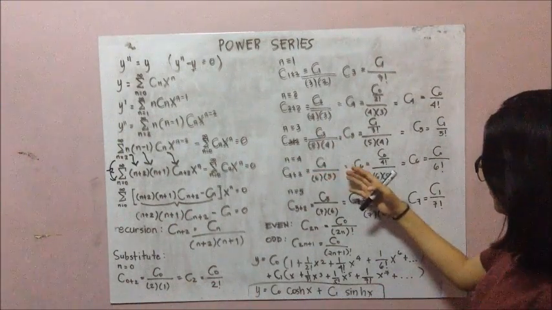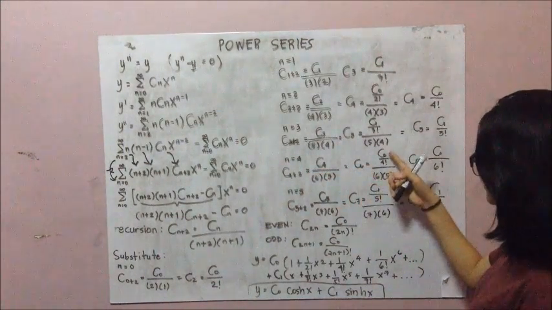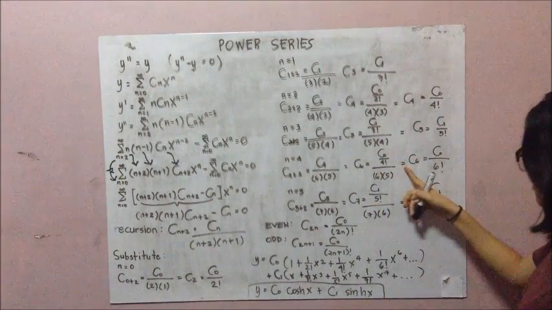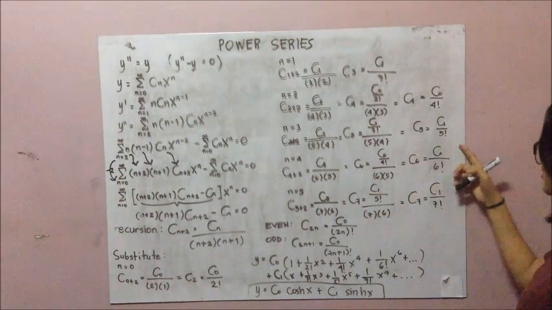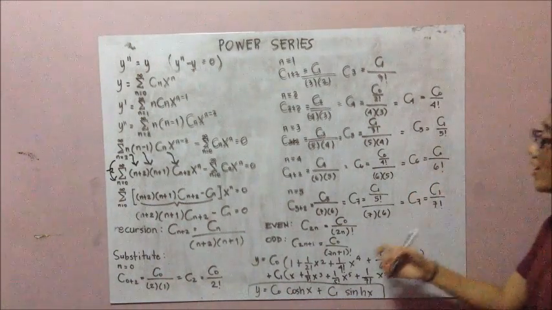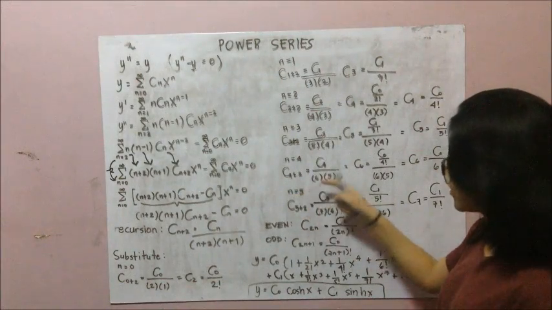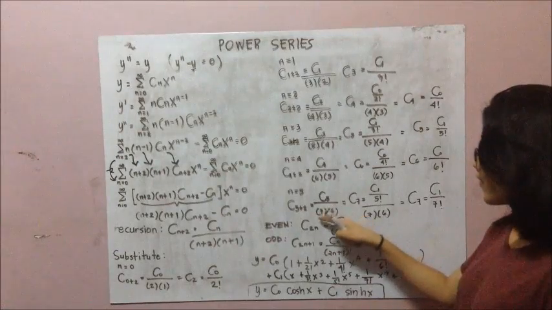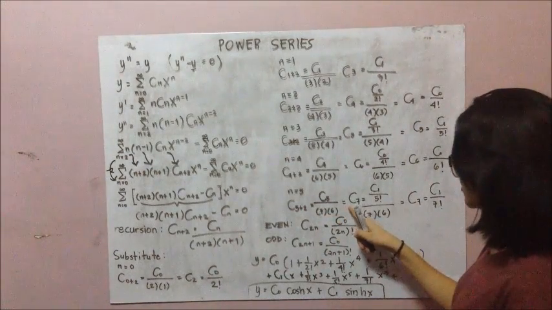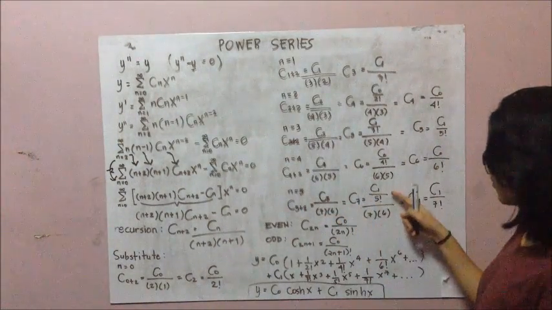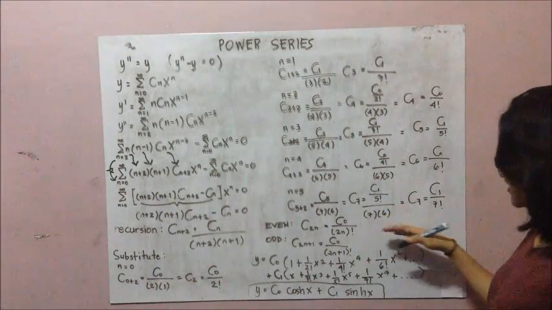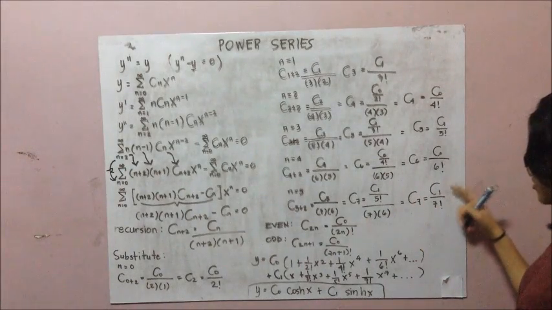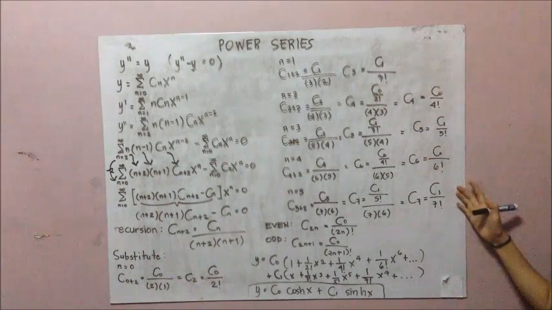We simplify this, and we have c_6 equals c_0 over 4 factorial over 6 times 5, so c_6 equals c_0 over 6 factorial. And last, n equals 5, so c_(5+2) equals c_5 over 7 times 6, so c_7 equals c_1 over 5 factorial over 7 times 6. We simplify this expression, and we come up with c_7 equals c_1 over 7 factorial.